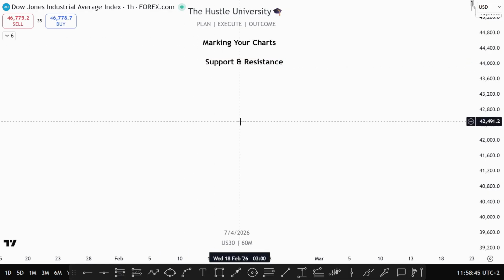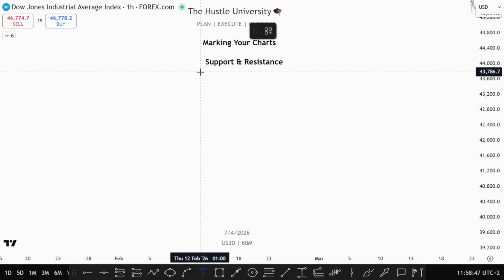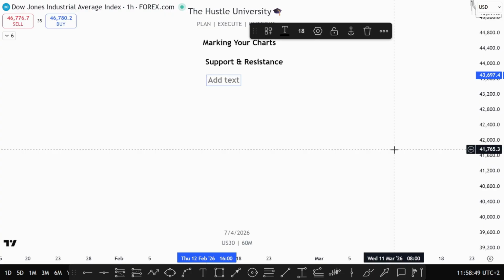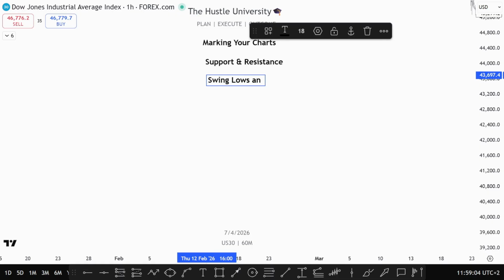Or you can also just mark based off swing points, swing lows and swing highs, right? So that's how you can also mark your chart.